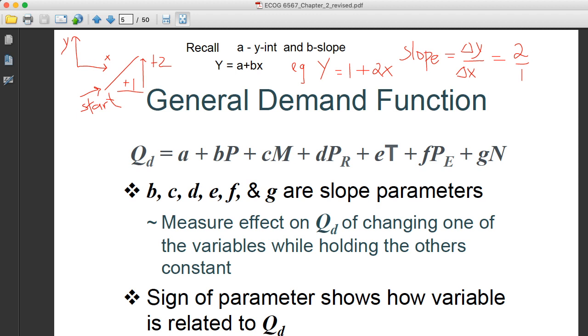So let's put it in the terms of the demand function. In the demand function, you have many different x's, right? You have price, you have income, you have price of related good, you have taste, preferences, you have expected future price, and you have number of consumers.